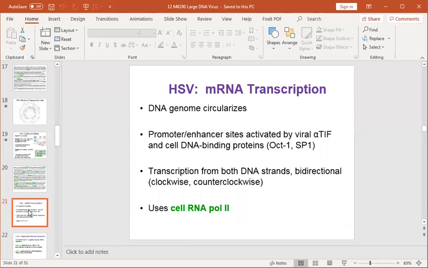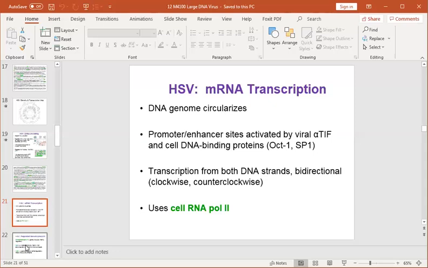And we will have transcription from both DNA strands. Remember, I said that the HSV genome is double-stranded DNA. One strand has nicks. So transcription would be bidirectional, in both directions. One goes clockwise, the other one goes counterclockwise, because the genome will circularize. And viral mRNA transcription requires host cell RNA polymerase II.